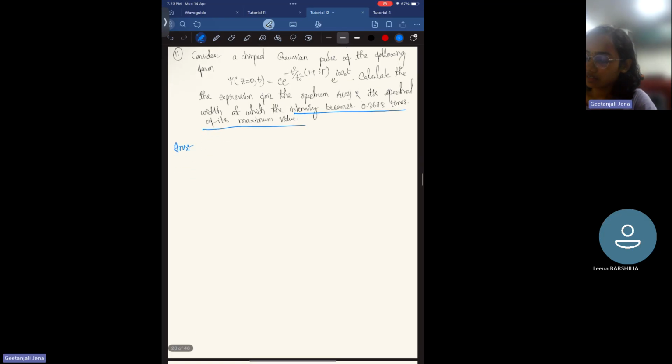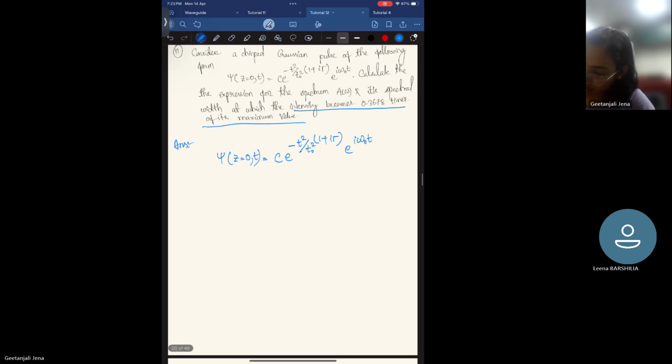So we are given psi at z equal to 0, t, which is C e to the power minus (1 plus i gamma) t²/t0², times e to the power i omega 0 t. To find out A of omega for this type of pulse, we need to do the Fourier transformation.